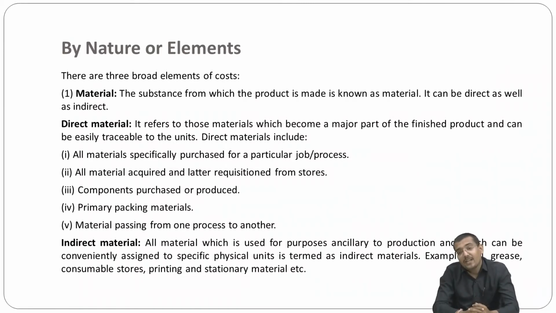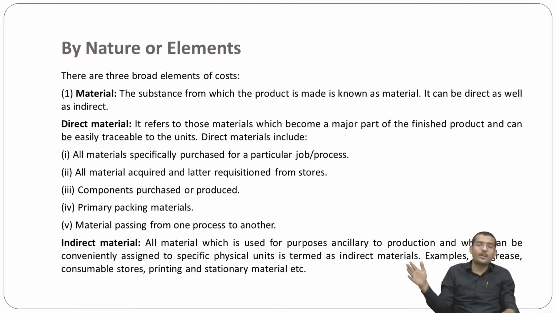So in direct material, we include all materials specifically purchased for the particular job or process, all material requisitioned from the store, components purchased or produced, primary packing material, and material passing from one process to another process. These are all included in direct material.